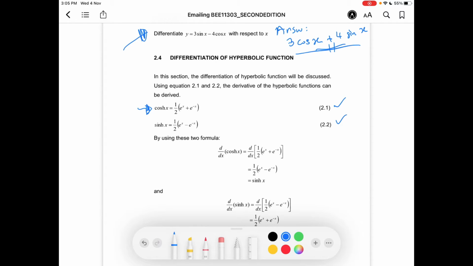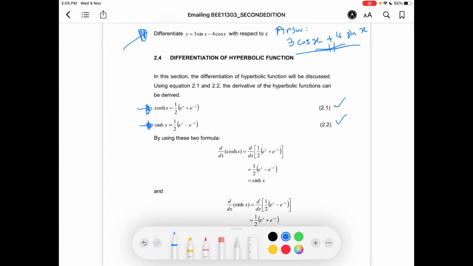So e here is the exponent, so exponent x plus exponent negative x, and then we have a second equation, which is hyperbolic sine x, which is equal to half times exponent x minus exponent negative x.